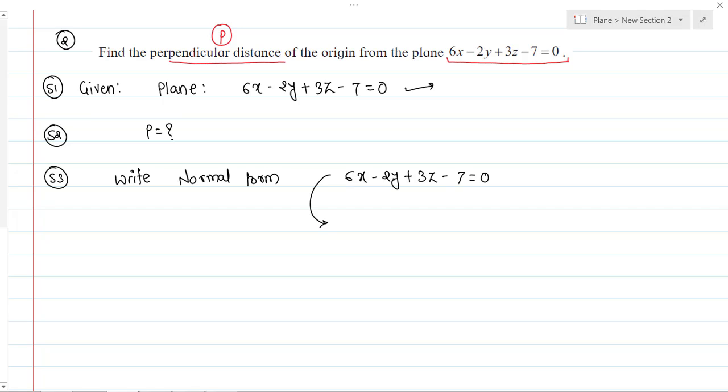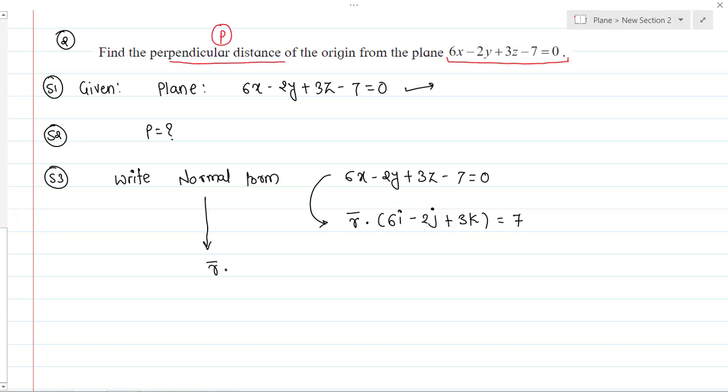It's simply replace x, y, z by i, j, k and give the r bar. So it becomes r bar dot 6i minus 2j plus 3k equals 7. Okay, so this is our vector equation of the given plane. Now we know that the standard normal equation of the plane is what?